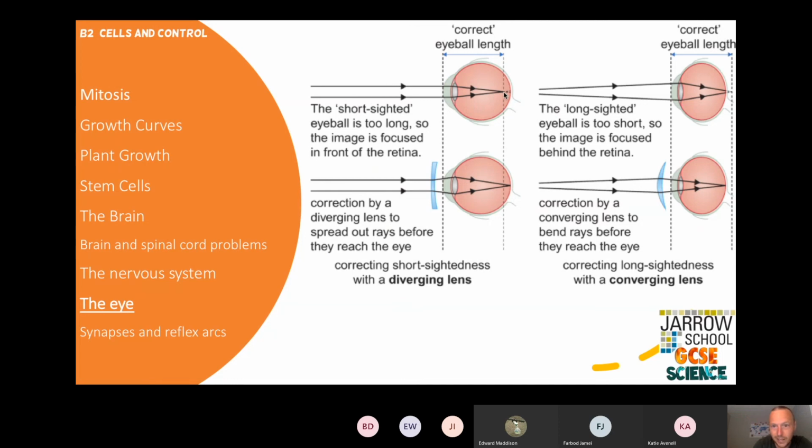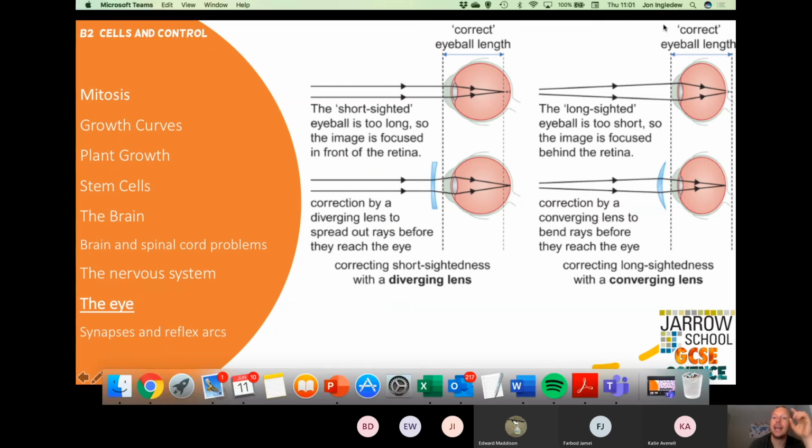So how are we going to fix that? Well, we need to spread the light out a bit more so it actually focuses on the fovea on the back of the retina. So the correction for short-sightedness is a diverging lens, something that's going to spread the light out slightly so the light focuses on the retina.